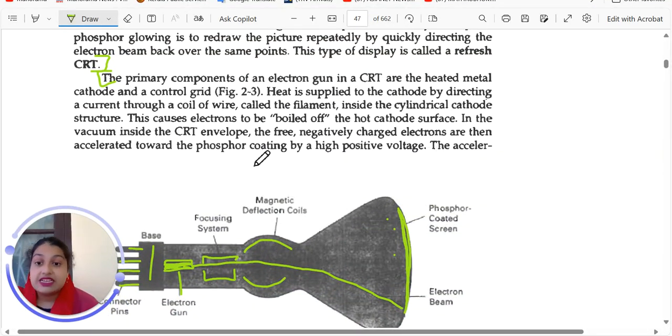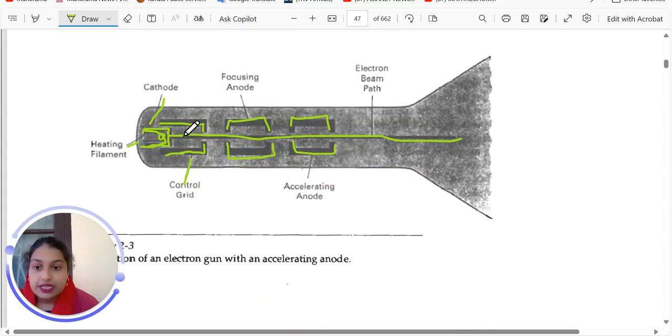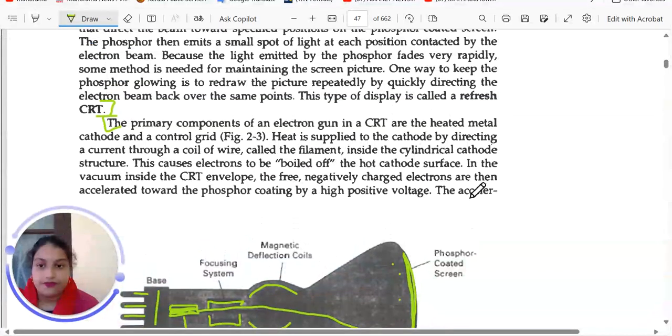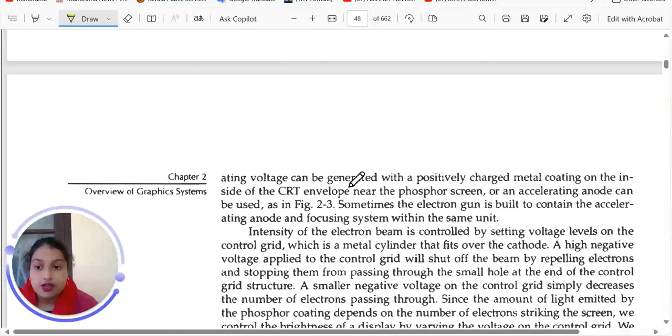In the vacuum inside the CRT envelope, the free negatively charged electrons are then accelerated towards the phosphor coating by a high positive voltage. Now here, since it is heated and it is vacuum, this tube is vacuum. Now the electrons will accelerate towards the phosphor coated screen. Now it will approach the screen or the phosphor coating with a high positive voltage.